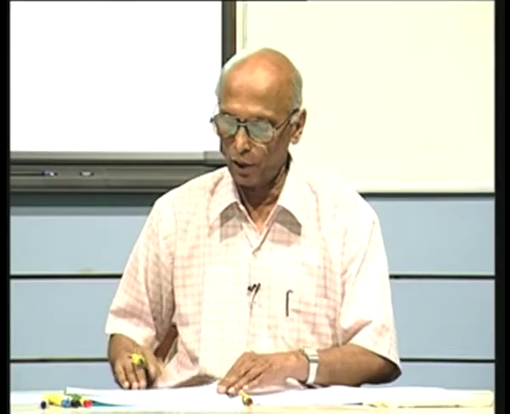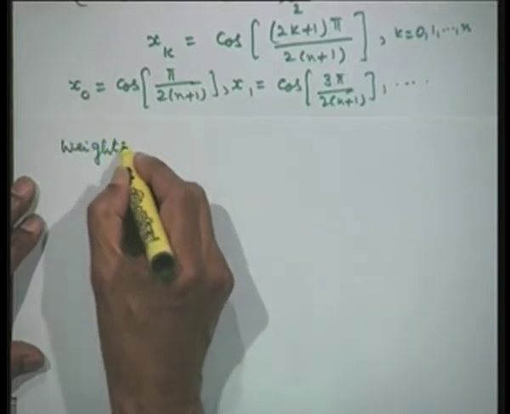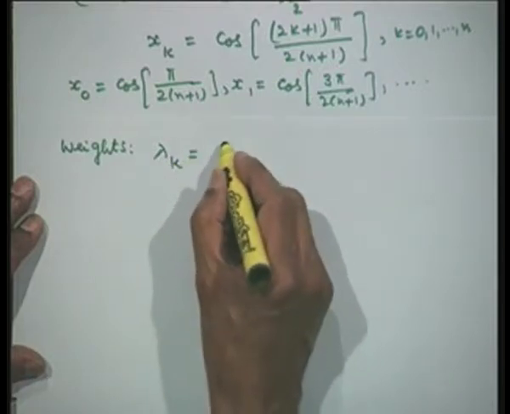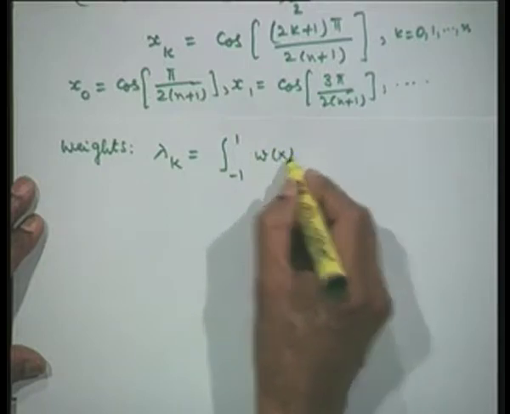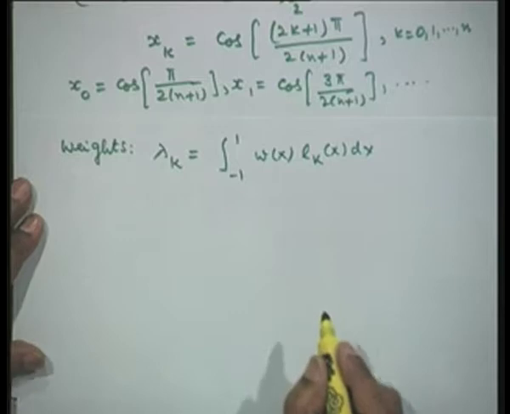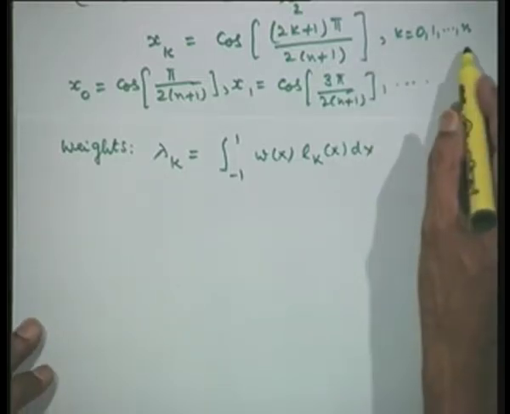Once I get these abscissas, now I need the weights in the formula. So, let us write down what our weights are. Weights are given by lambda k, and we had shown earlier that this will be the integral from -1 to 1 of w(x) l k(x) dx, where l k(x) is the Lagrange fundamental polynomial built on these n plus 1 abscissas.